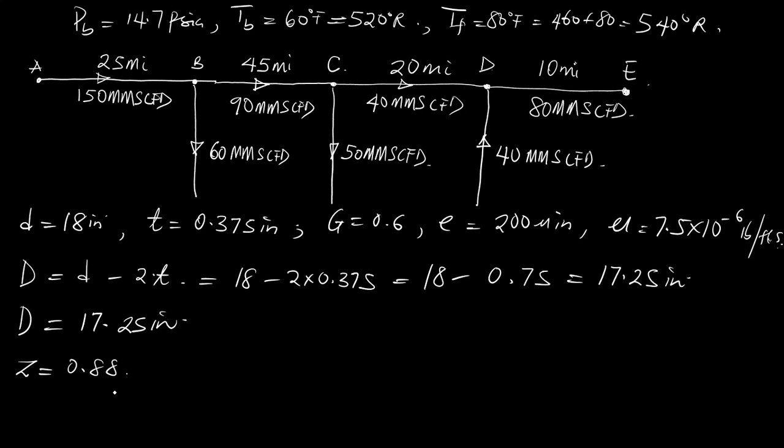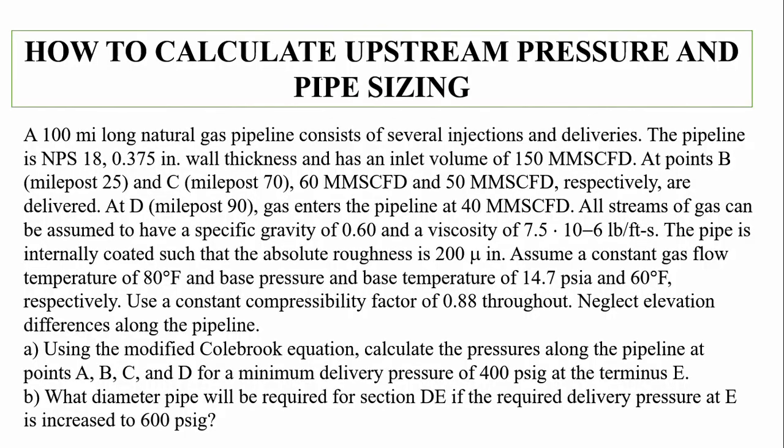Now, let's look at question A. The question A says, using the modified Colebrook equation, calculate the pressure along the pipeline at points A, B, C, and D for a minimum delivery pressure of 400 psig at the terminus.